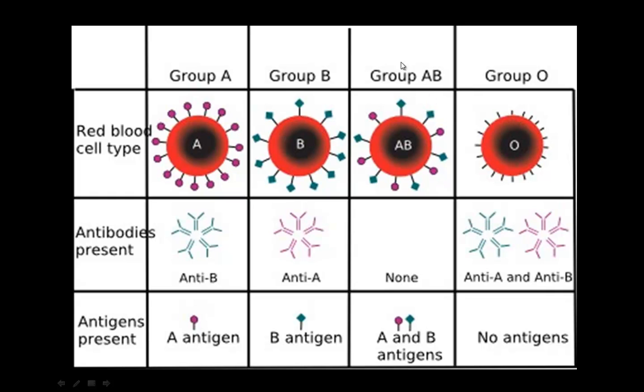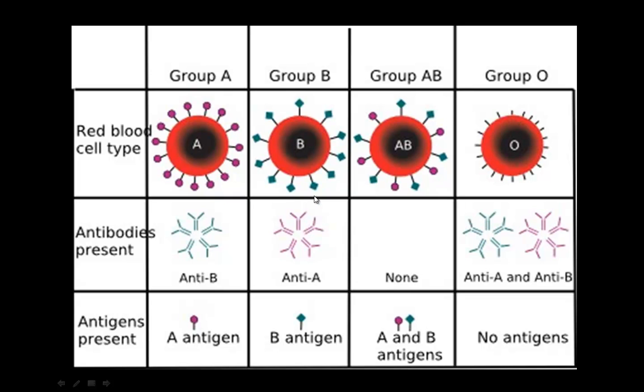If you have type AB blood, you're obviously going to have both A and B antigens. You're going to have no antibodies present. And then if you have type O blood, you're going to have no antigens on your cells. And in your plasma, you're going to have both anti-A and anti-B antibodies.